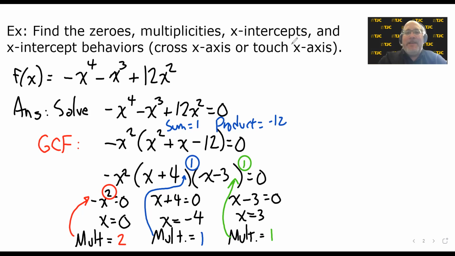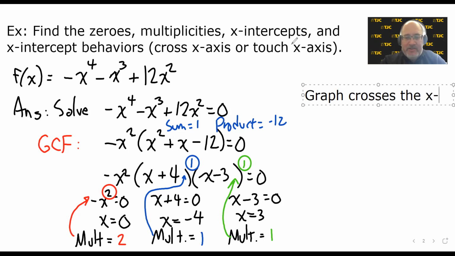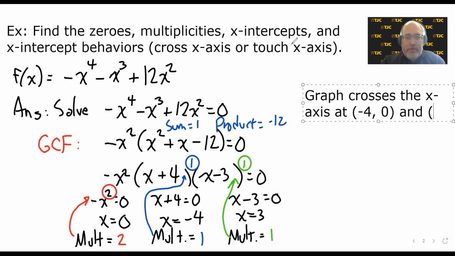So what does this mean about x-intercepts and crossing and touching and turning? Well, if your multiplicity is odd, you cross the x-axis. So we can say, and I'm going to type this because it'll be cleaner, we can say that the graph crosses the x-axis at -4, so as an ordered pair, -4, comma 0, and 3, as an ordered pair, 3, comma 0.